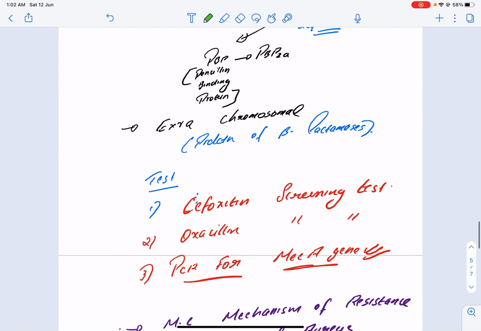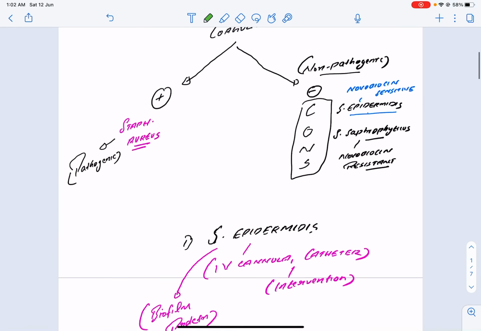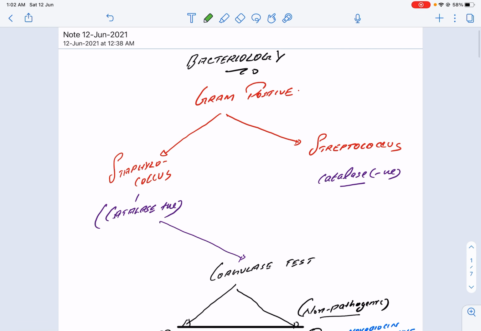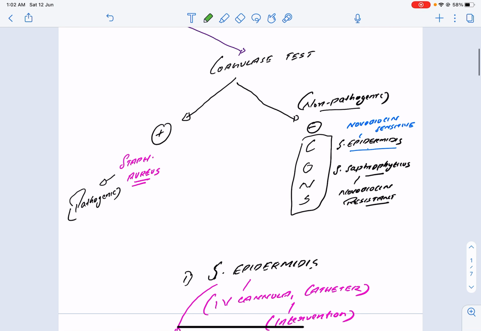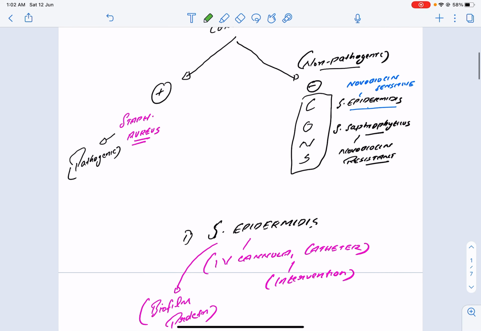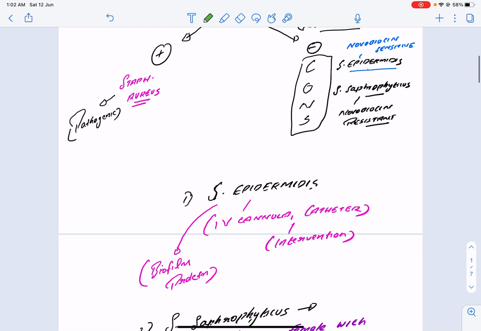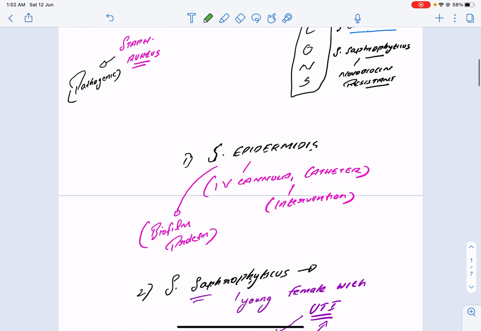So that's all about Staph aureus we have to know for competitive exams. We talked about gram-positive Staph aureus and Streptococcus. Streptococci are catalase negative, Staphylococcus is catalase positive. Then we divide by coagulase positive and negative. Positive means Staph aureus, which is pathogenic. Others are CONS, saprophyticus and epidermidis. Epidermidis is novobiocin sensitive. Saprophyticus is resistant.